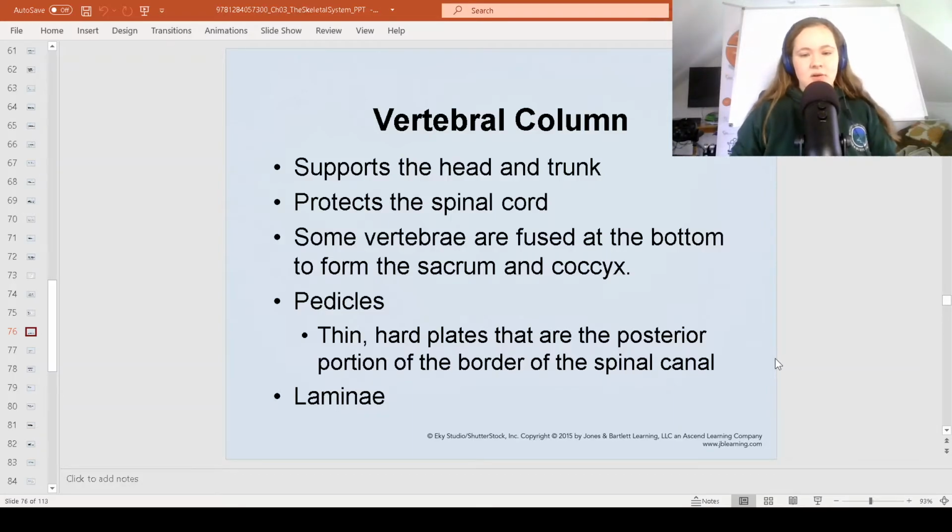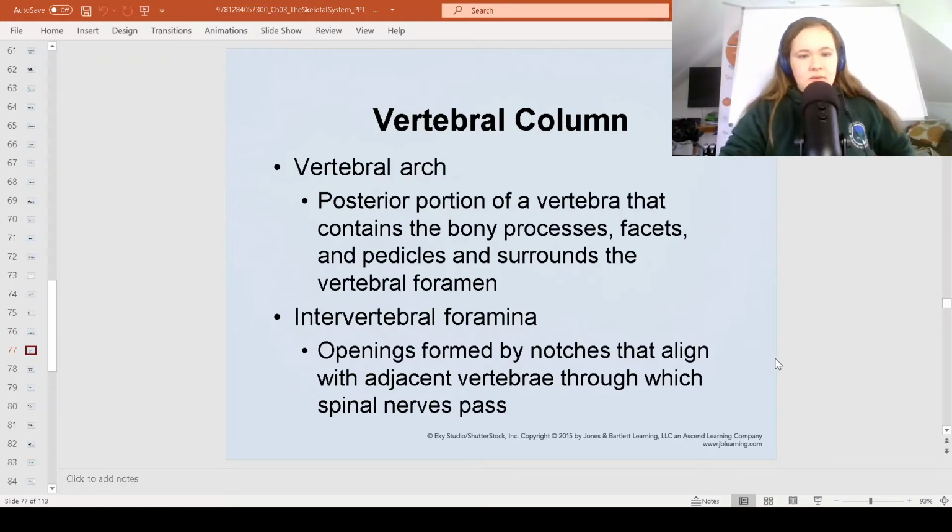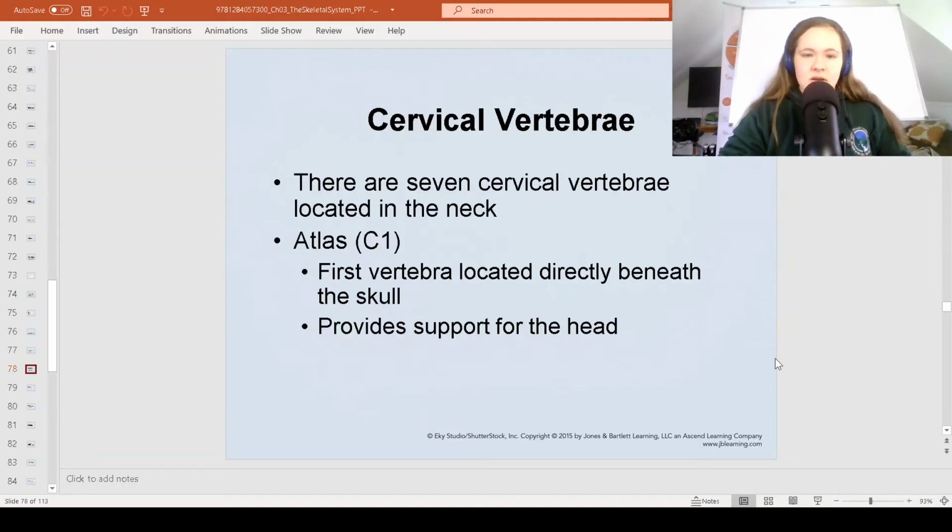Pedicles are thin, hard plates that are the posterior portion of the border of the spinal canal, and also laminae. Vertebral arch, posterior portion of the vertebrae that contains bony processes, facets, and pedicles that surrounds the vertebral foramen. Intervertebral foramina, openings formed by the notches that align with adjacent vertebrae through which spinal nerves pass.